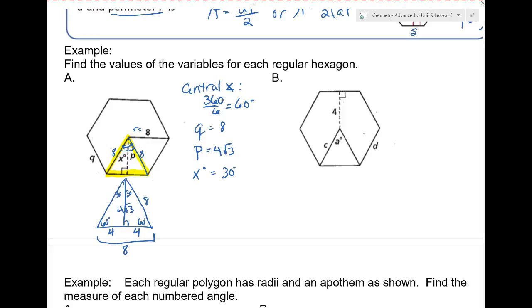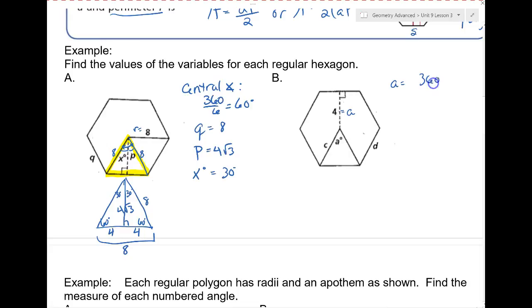They gave us a hexagon again. What parts of the hexagon did they tell us? What's the one thing I know? The 4, which is my what? That's not my radius. A radius has to go to a vertex. That's your apothem. Now I'm looking to find my radius. But what's the one thing I can find very quickly? Can I find A real quickly? Because isn't that my central angle?